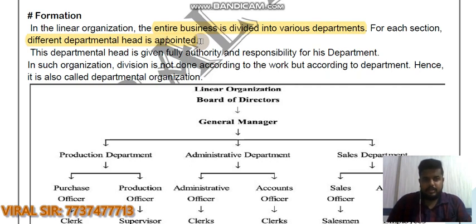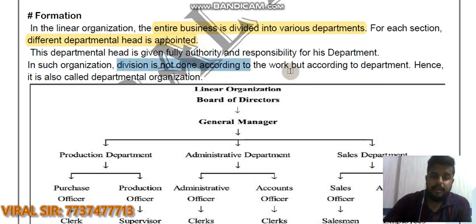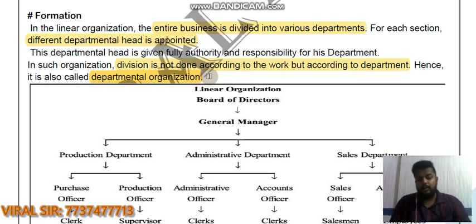In such an organization, division is not done according to work but according to department. Hence it is also called departmental organization. So we have come across two names for linear organization: one is army organization, the other is departmental organization.